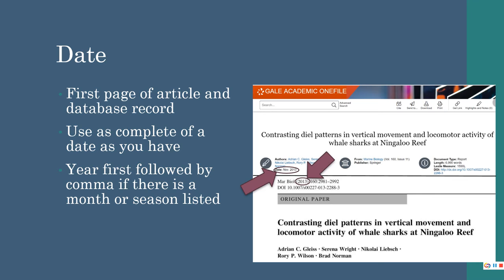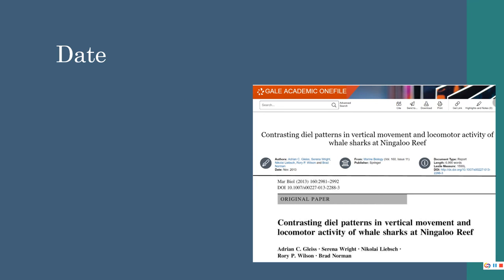Include as many of the date elements as you have available. The date is placed in parentheses and followed by a period. In our example, the date is written as open parentheses 2013, comma, November, close parentheses, period.